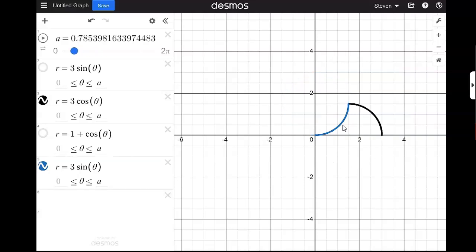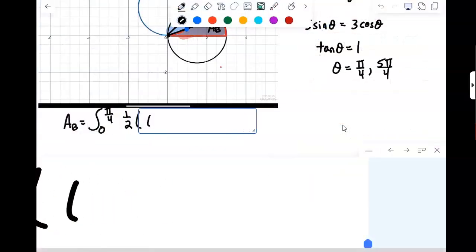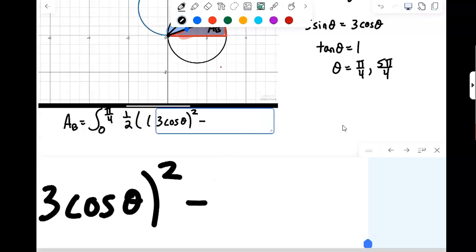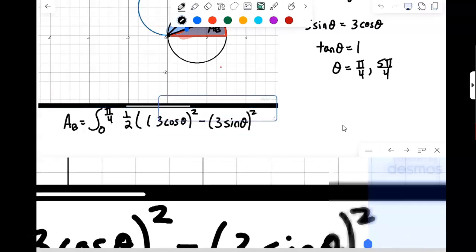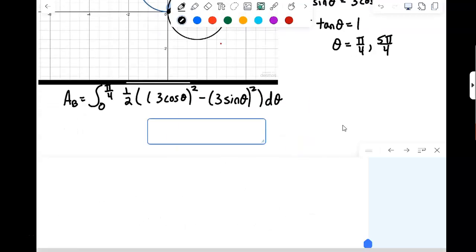Sine was the blue graph, so that's the inner one. So we would have 3 cosine theta squared minus 3 sine theta squared d theta. And then we simplify.